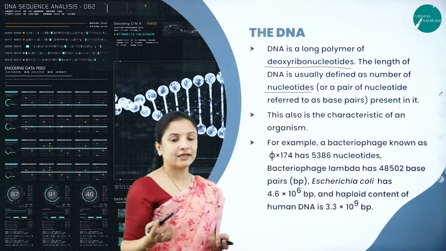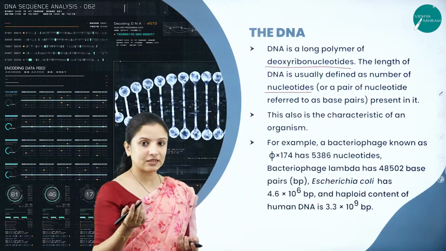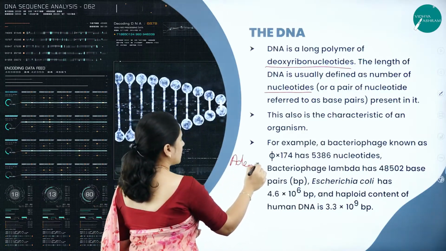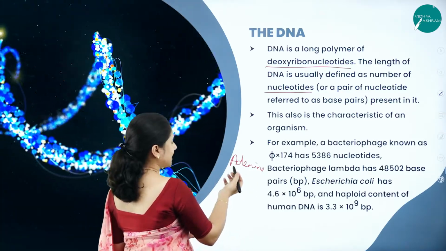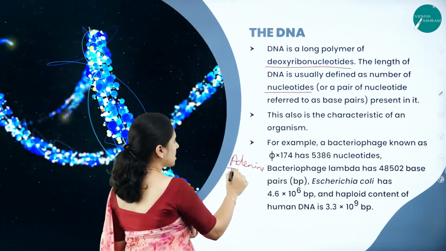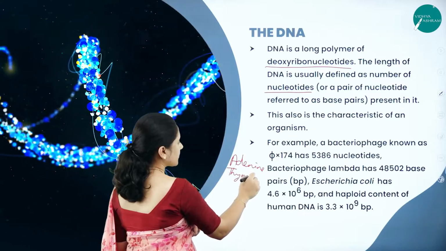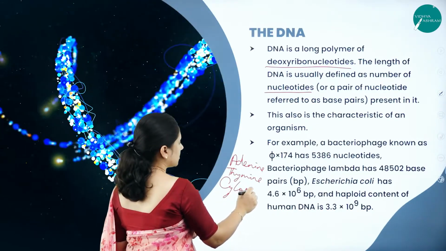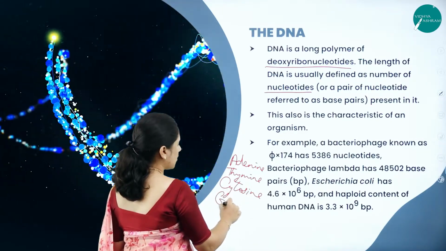So how many nucleotides are there? There are different nucleotides present in DNA. We have the nitrogenous bases adenine, then thymine, then cytosine and guanine.